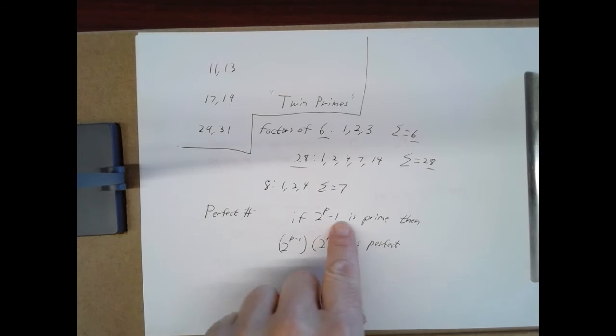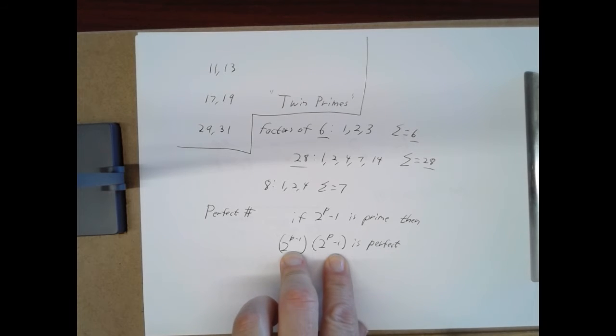So 2 cubed minus 1 is prime, so 2 cubed minus 1 times 2 squared, that's 7 times 4 is 28.